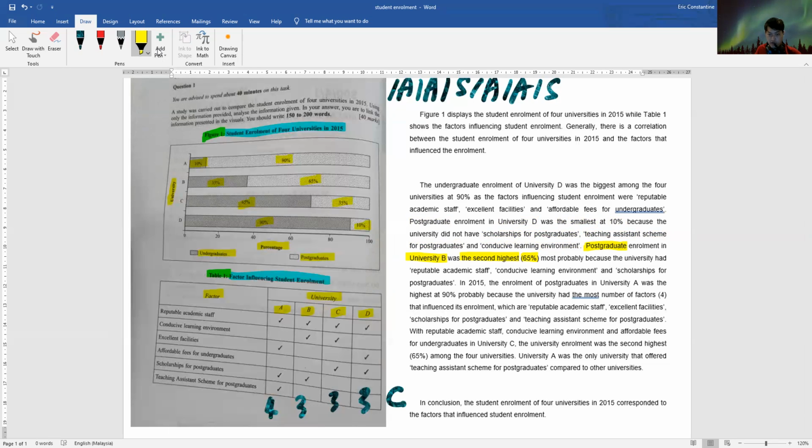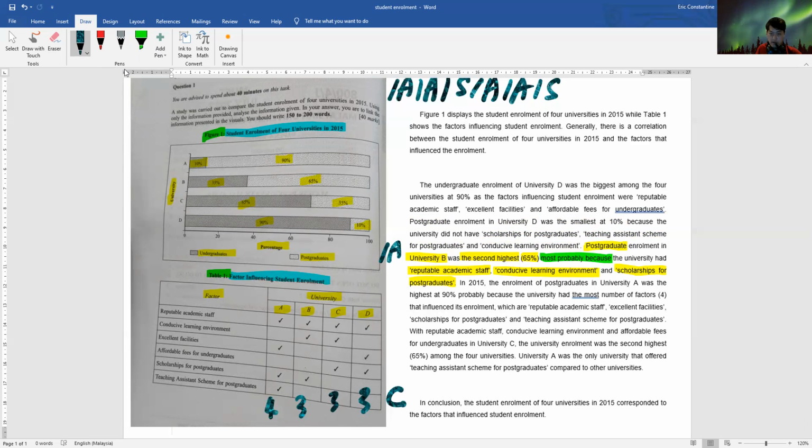The second visual again mentioned these are the factors. And I put the single inverted comma again just to remind all of you to save the number of words. Did I notice any linking word? Yes, and this is the linking word. And so I got 1A, 1A, this one here.